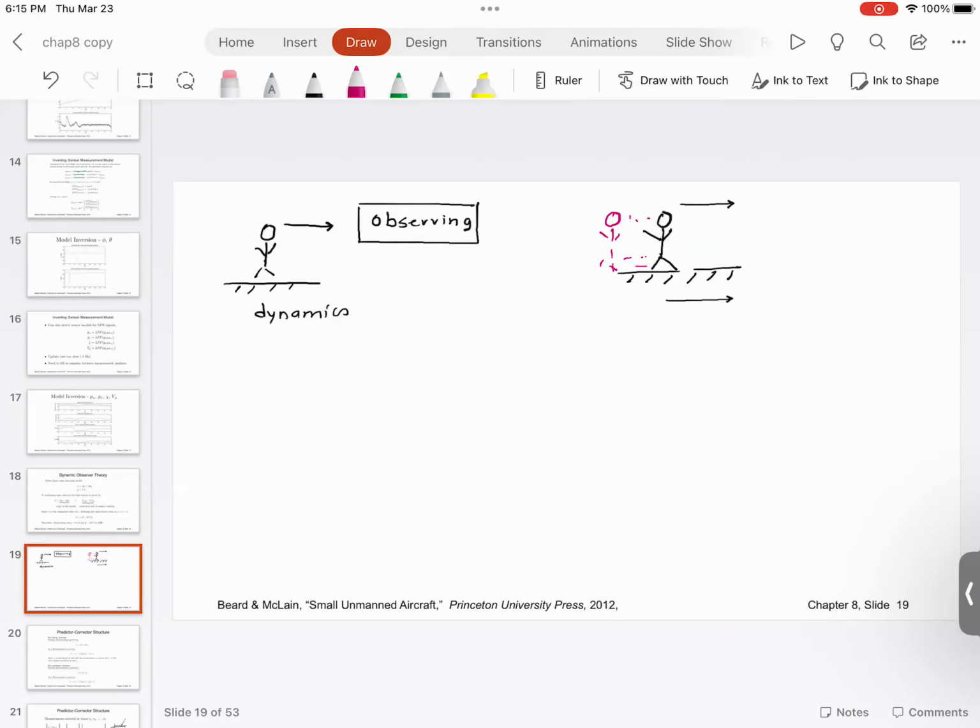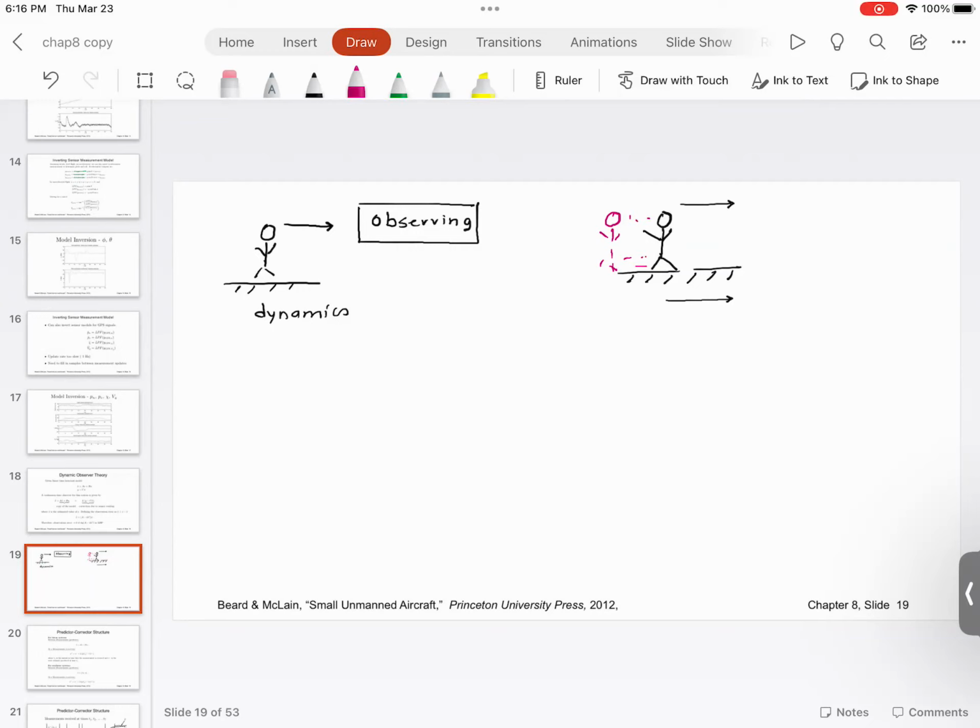Now I see some image, maybe that person is there, but I'm still going to follow my path because I don't trust the observation enough to change my course. This is exactly what the Kalman filter is doing. The only thing is, the Kalman filtering dynamical equations provide the mathematical framework for adjusting or tuning these parameters.